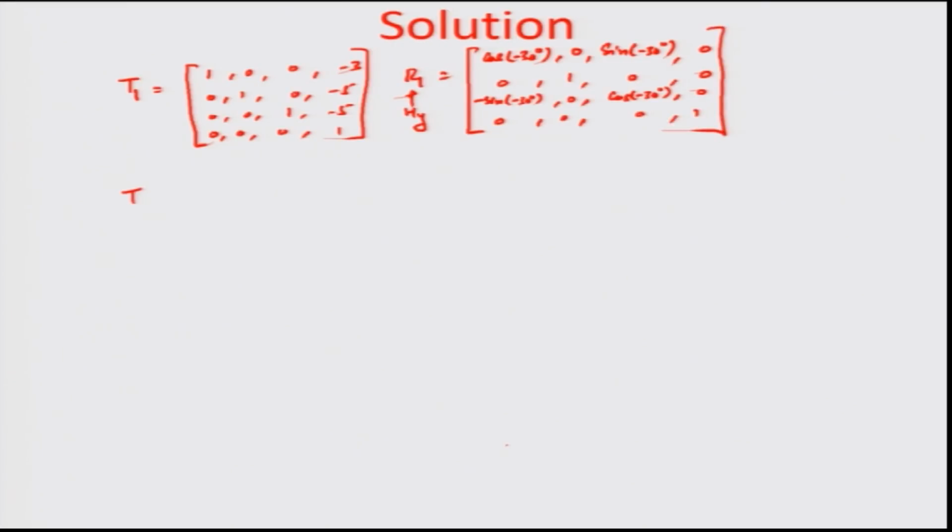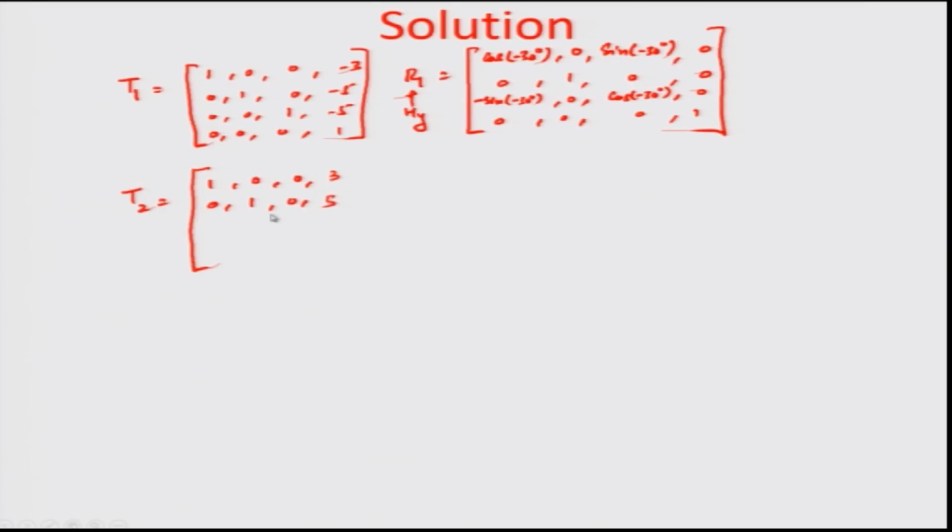So, that is how R1 is, and then we have transformation matrix T2 represented as again 1 0 0, and now it is plus 3, because obviously you have to translate D back from the origin to its initial position.